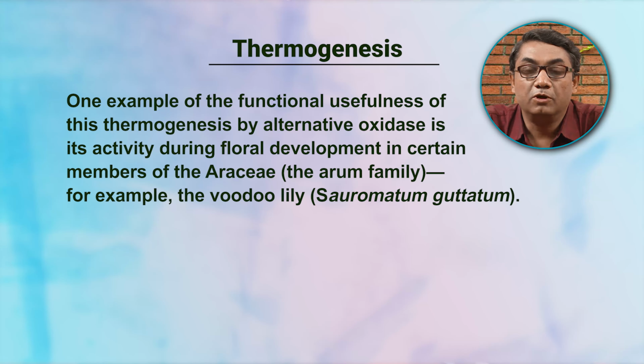One example of the functional usefulness of this thermogenesis by AOX is its activity during floral development in certain members of the Araceae, the arum family, for example, the voodoo lily.